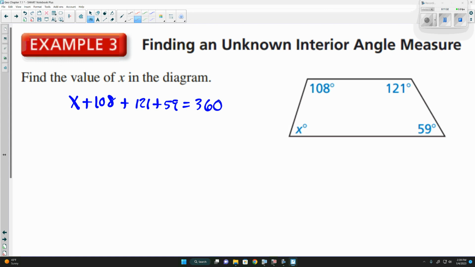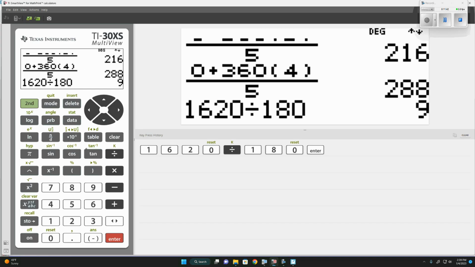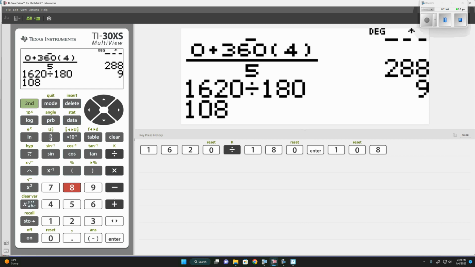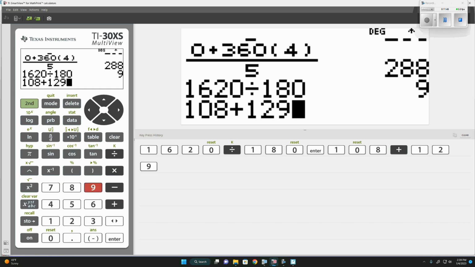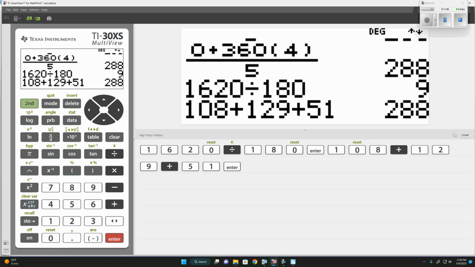So we can add these three together because they are like terms. So 108, 121, and 59.